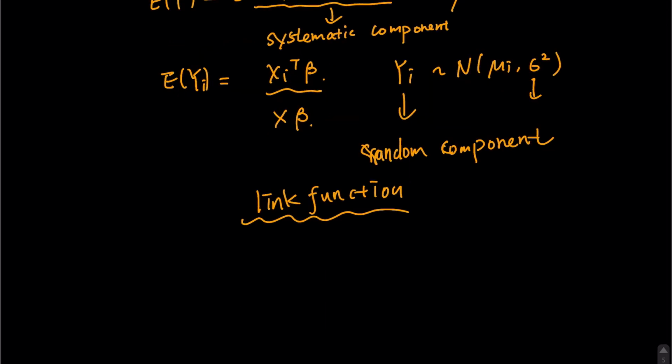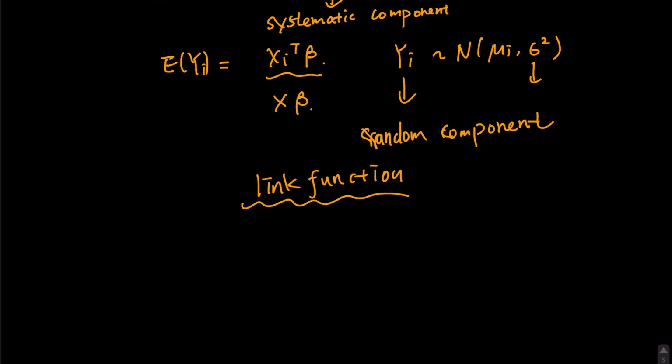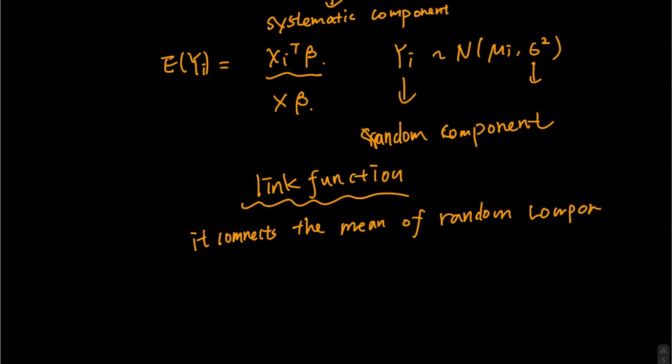Link function, as the name suggested, connects the random part with the systematic part, because those are the only two components we've talked about. Specifically, it connects the mean of the random component, in other words the expectation of yi, which is mu i, with the systematic part.